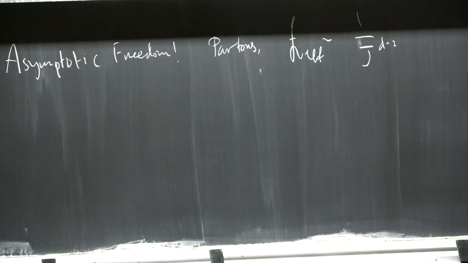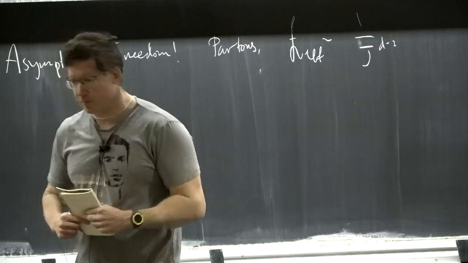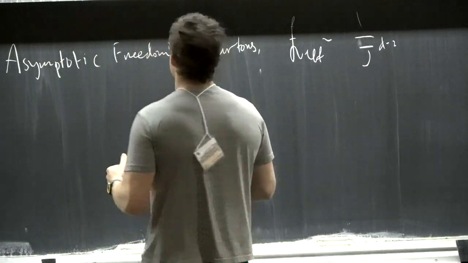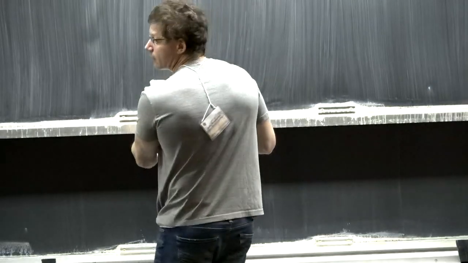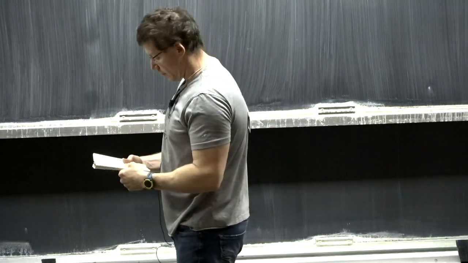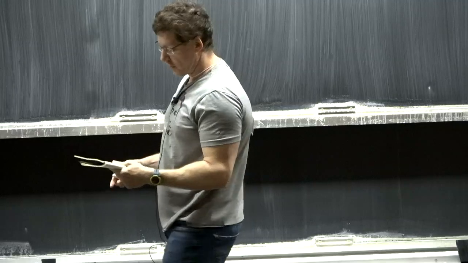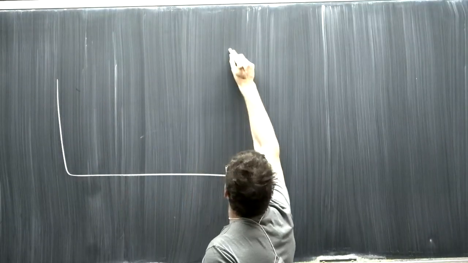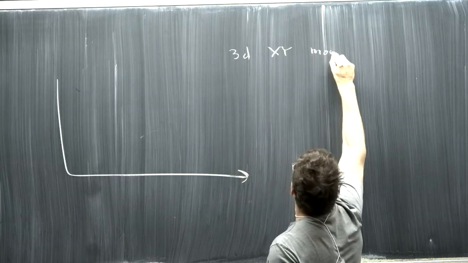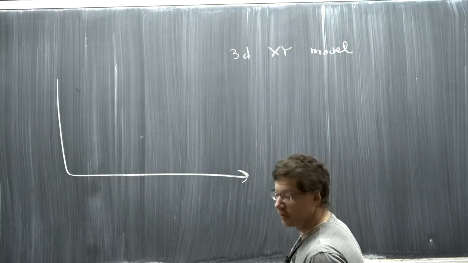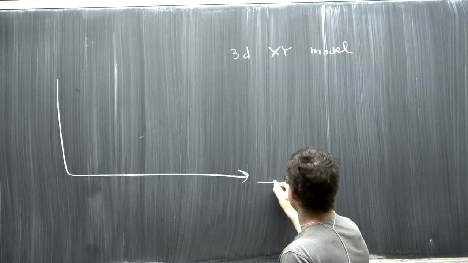Is the existence of these primaries verified by Monte Carlo or the bootstrap? Yes. I attached in my notes that I put on Slack 2 plots from bootstrap and Monte Carlo simulations. And you see the following thing. This is in the 3D XY model, the model that I spent quite a bit of time explaining to you.